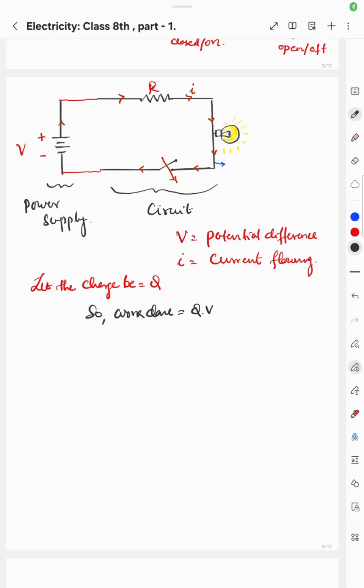And we also know that current is equal to the total charge flowing through the circuit in that particular time. So we can also say the current I will be equal to charge by time.